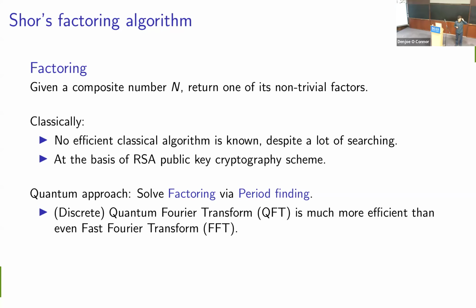Then we can apply a discrete Fourier transform to this data set to find out about the period. Because we can encode 2^n values into our n qubit state, we can do a Fourier transform on these 2^n values using just a number of operations that's polynomial in n.